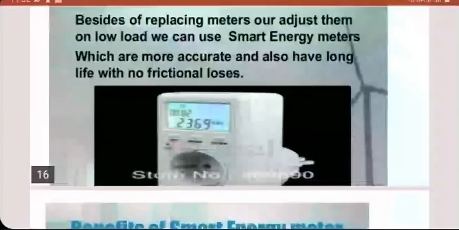Smart energy meters basically avoid a lot of things which wear with time. No rotation is there. Data is directly taken from the torque generated and converted to energy values. So friction goes away. Maintenance becomes less.